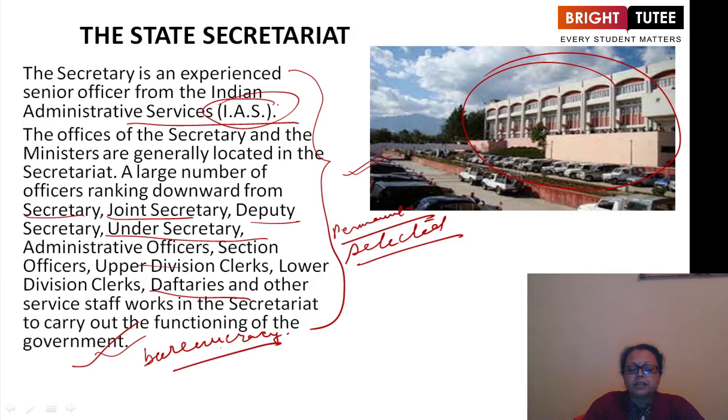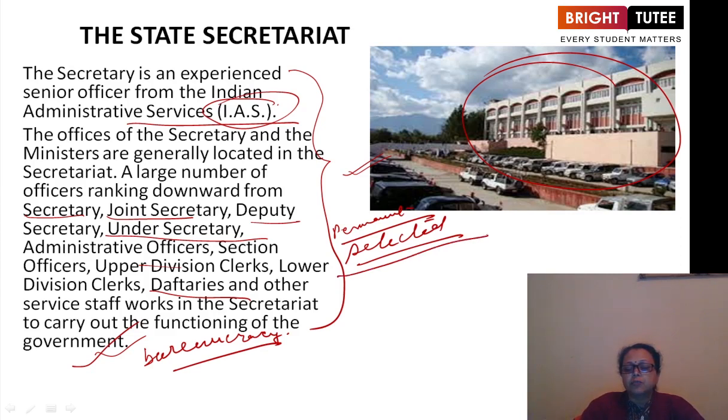The administrative unit of a state is divided into divisions, which function under the supervision of the divisional commissioner. Every state is divided into divisions, which function under the supervision of divisional commissioners. And each division is divided into districts under the control of the district magistrates.